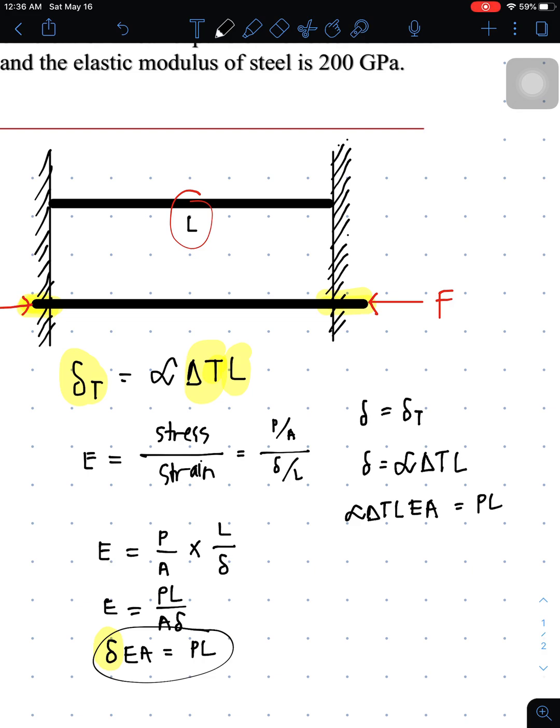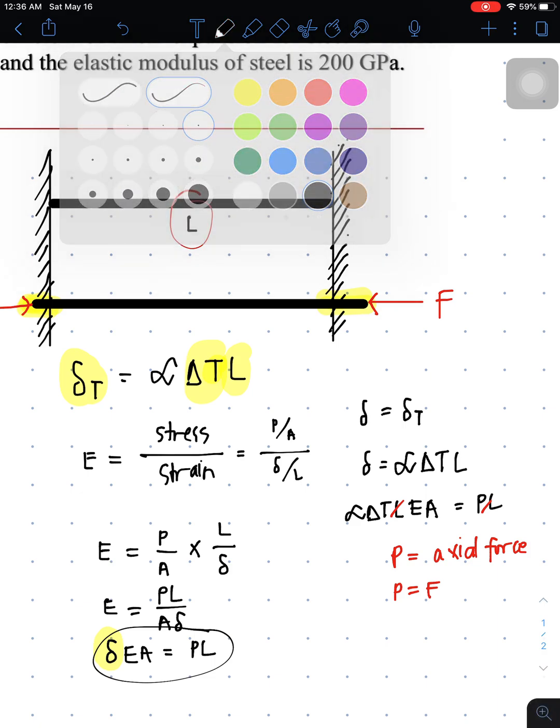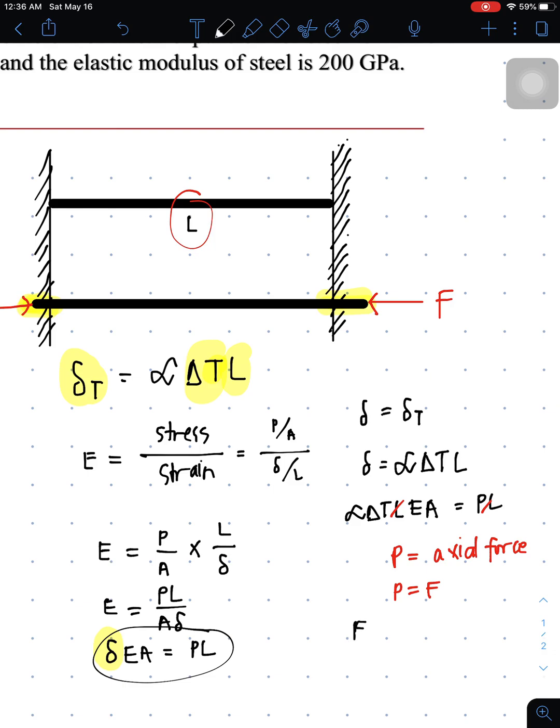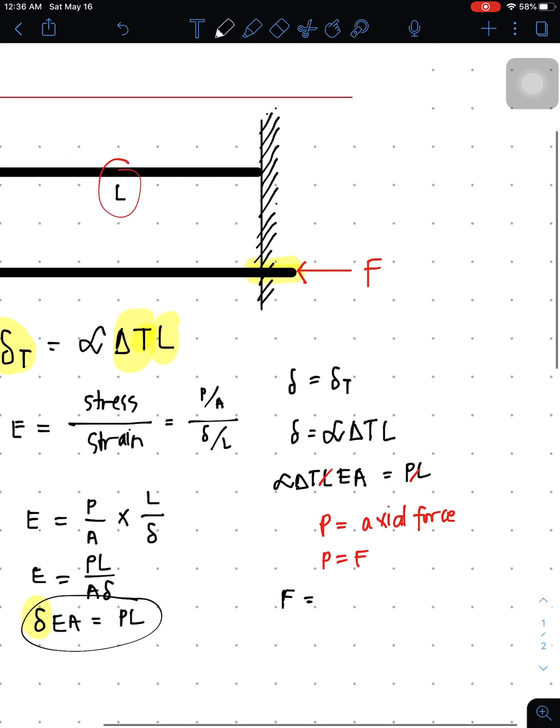Then remember that we can cancel out the L here. And of course, this P is the axial force, so P is just equal to the F in the problem. And so now we have F equal to thermal expansion times delta T times E times A.